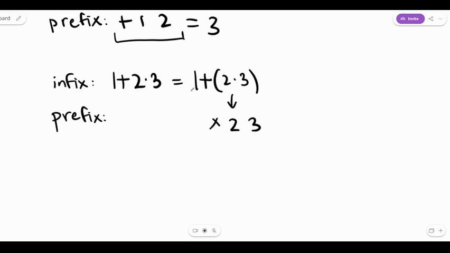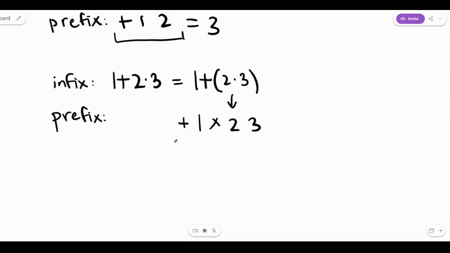But now you want to convert the 1 plus part also into prefix. So you take the 1 and the plus, and you put it like this: + 1 * 2 3. This may look confusing, but if you think about it, it makes sense. Because you have plus 1, you know 1 will have to be added to something. But instead of another number right next to the 1, you have another operation, which is the multiplication sign.